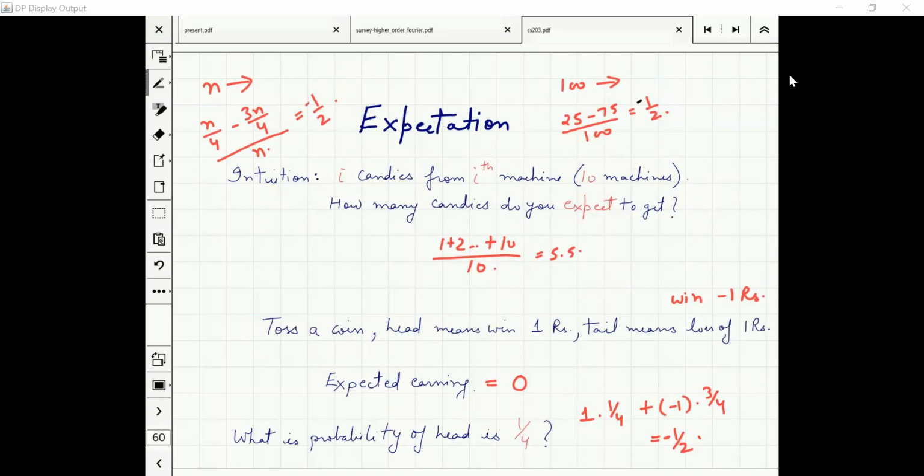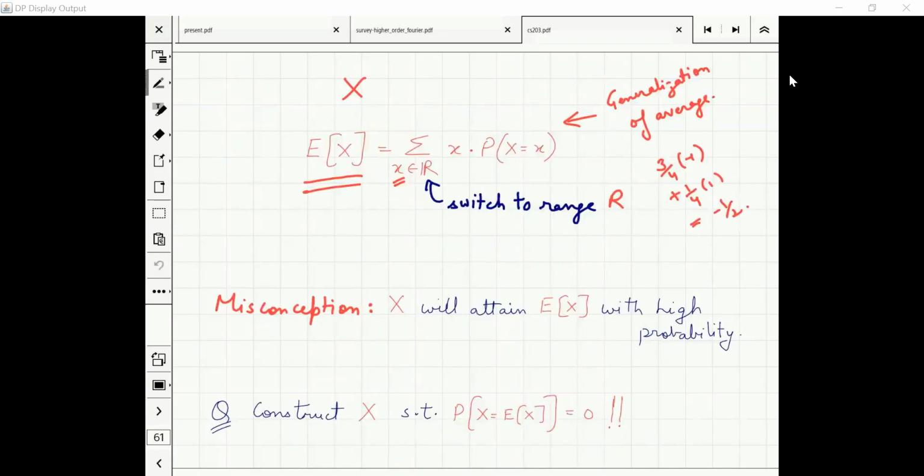But your expectation is that you will lose 0.5 rupees in this. And if we just formalize that, we get the definition of expectation. This is the amount we expect to get if we do a random experiment.